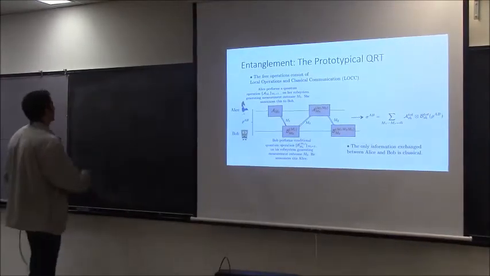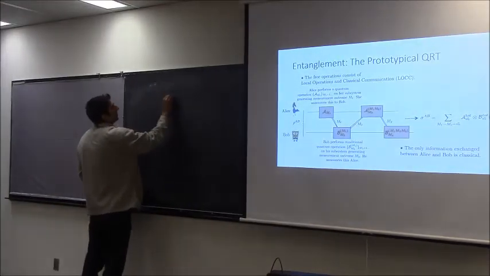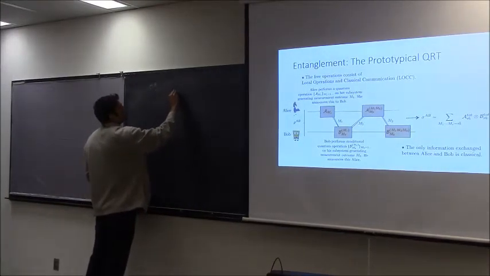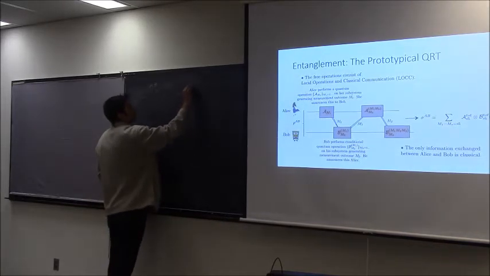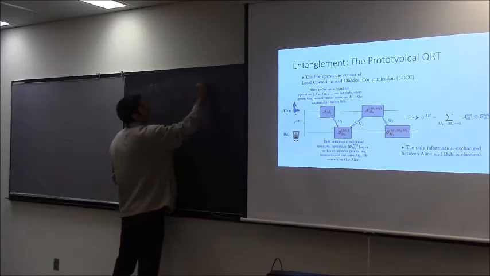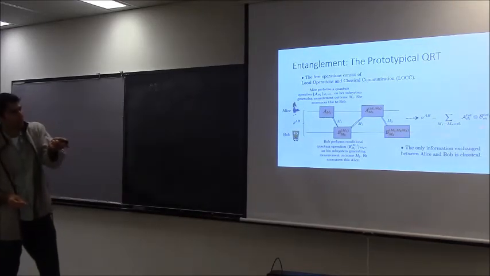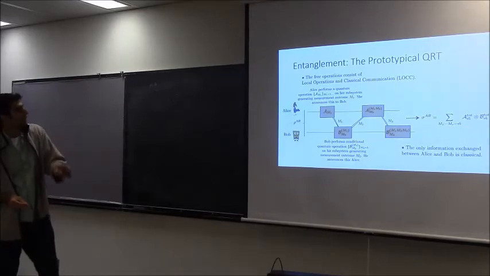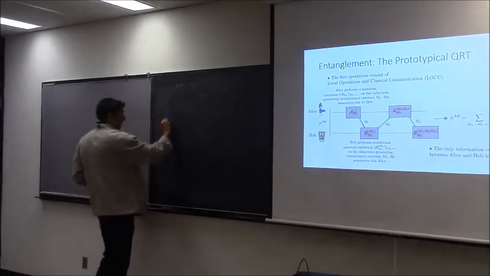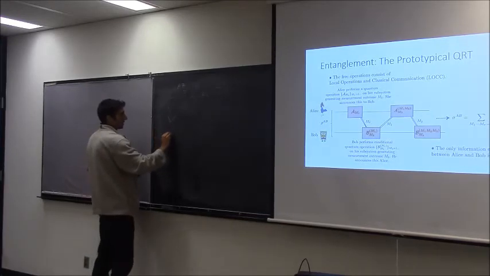So I started off with the separable state rho AB, the sum over k of p_k, sigma_k tensor omega_k. Now I act on it with this map that I've generated by this physical process. What I end up getting is E acting on rho AB.